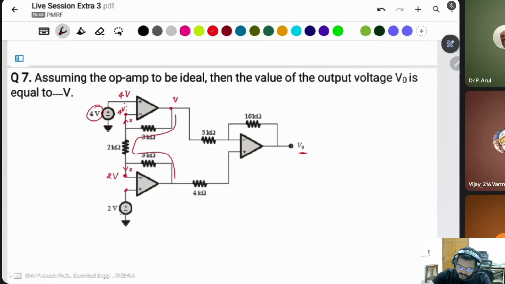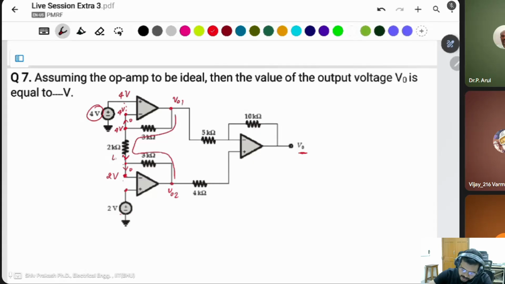Suppose I take this as voltage V1, this voltage V naught 2. Sorry. Okay. Then what is this current? This voltage is 4 volt and this voltage is 2 volt, 4 minus 2 divided by 2.